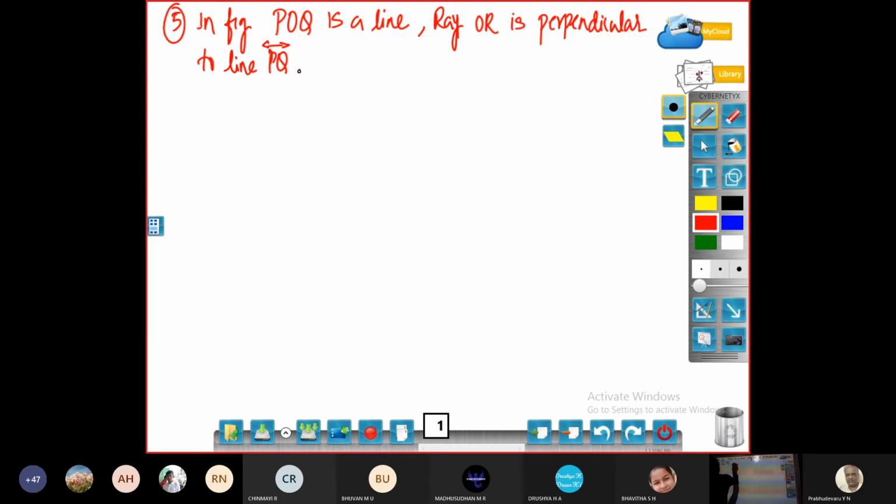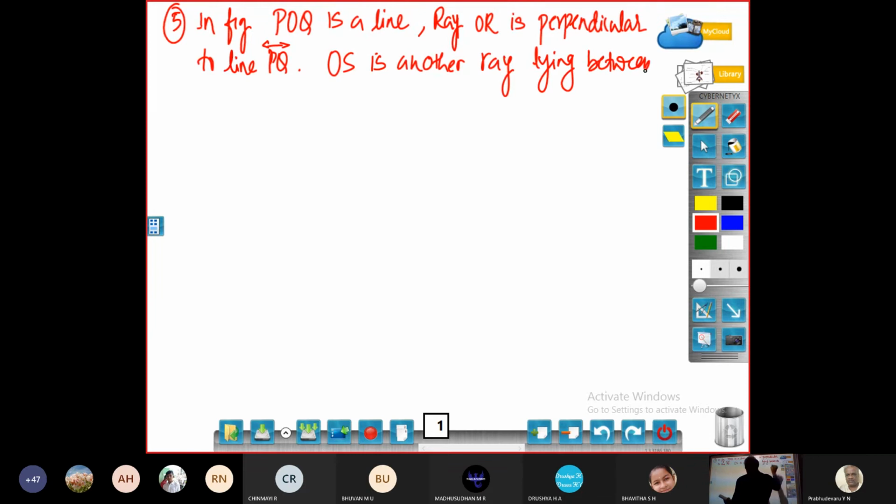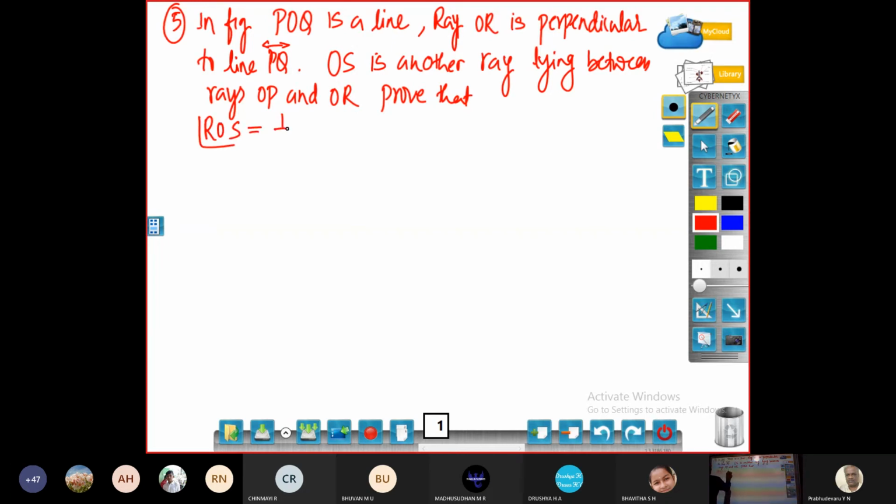OS is another ray lying between rays OP and OR, and prove that angle ROS is equal to half of angle QOS minus angle POS.